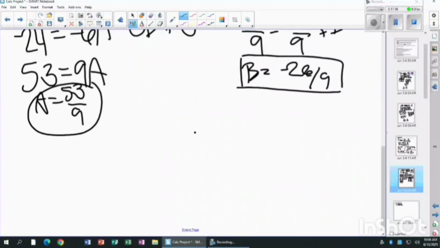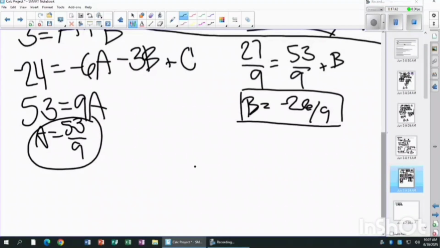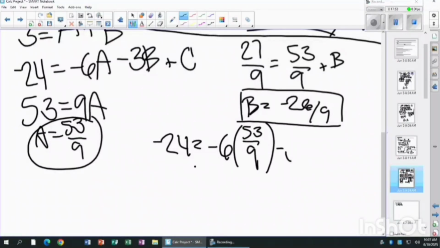And then you plug that into our negative 24 equals negative 6a minus 3b plus c to solve for c. So you'd have negative 24 equals negative 6 times 53 over 9 minus 3 times negative 26 over 9 plus c.